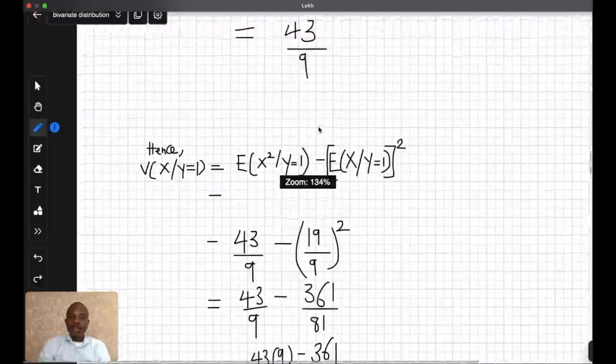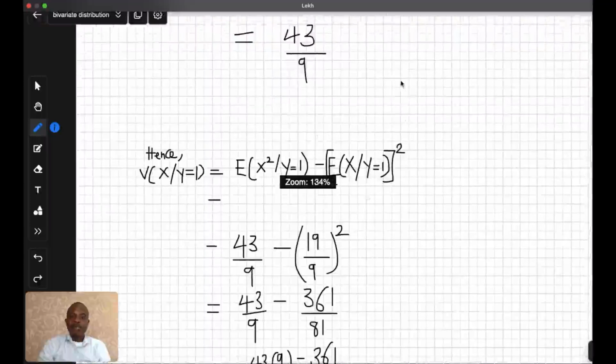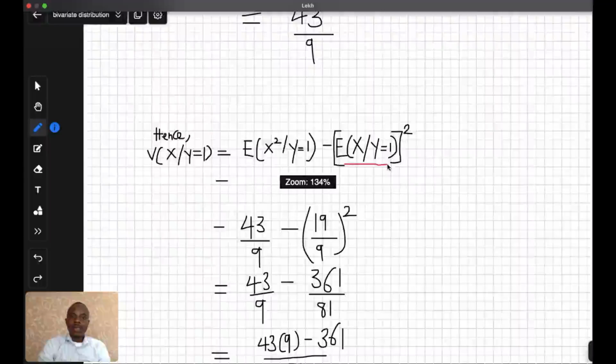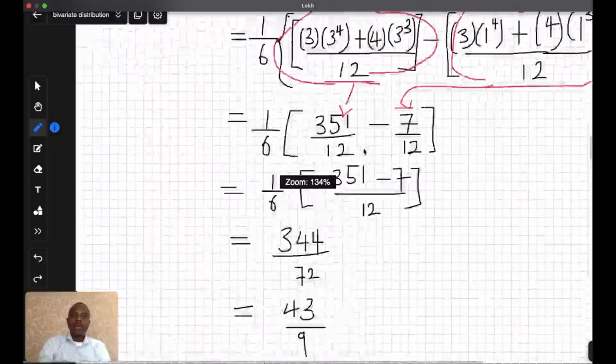Don't forget, we obtained the expected value of x given y equal to 1, this in bracket, to be 19 over 9. You may return back to see that.